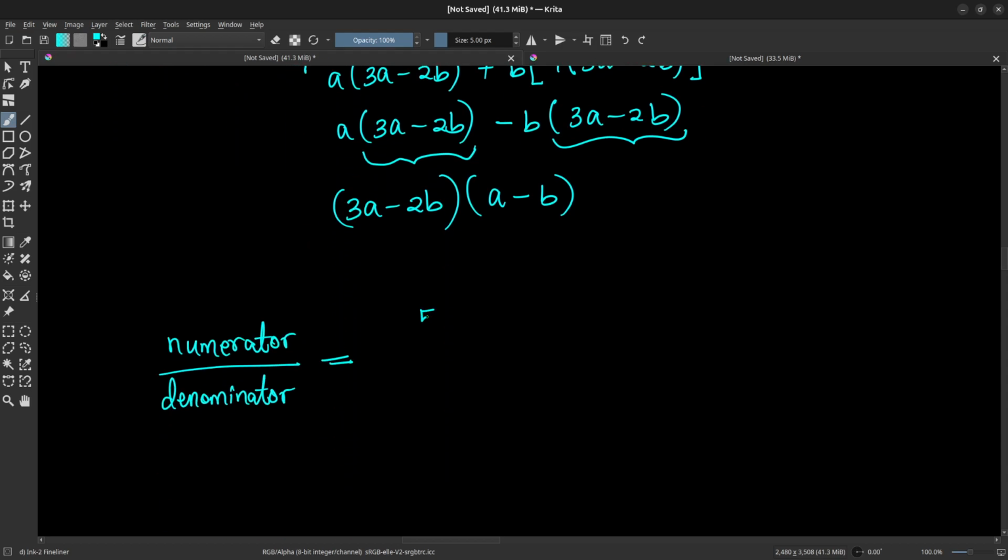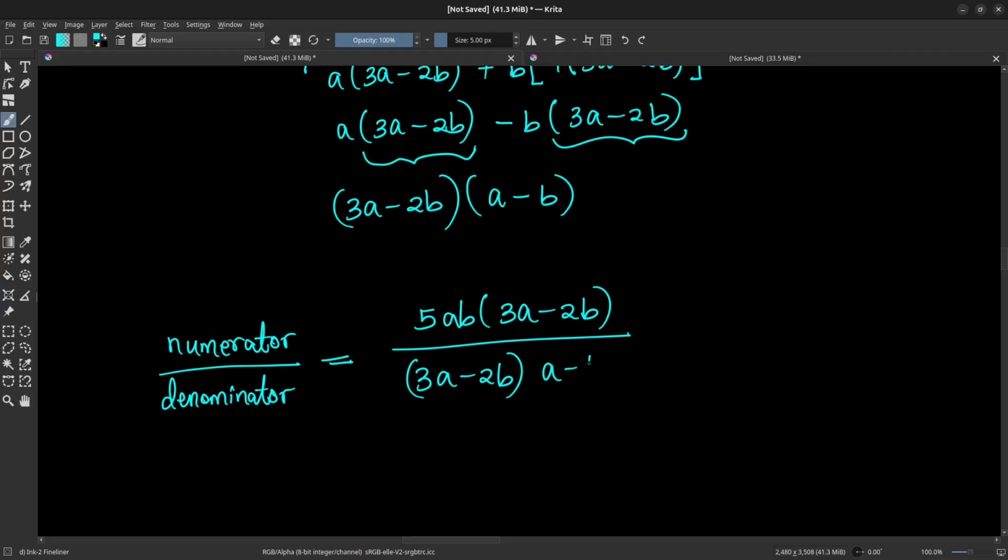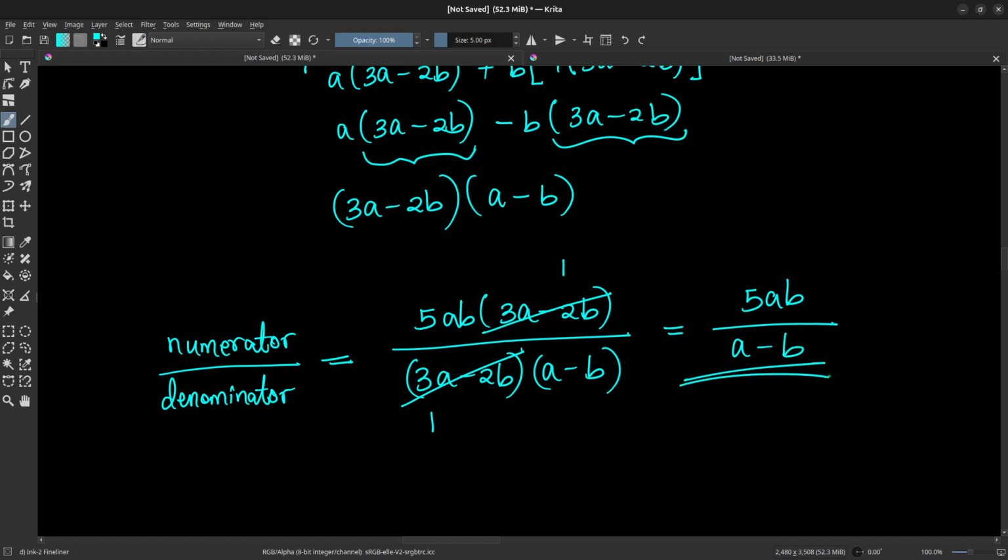And for the denominator we have 3a minus 2b times a minus b. So 3a minus 2b divided by 3a minus 2b is 1, and we are left with 5ab over a minus b. This is our answer.